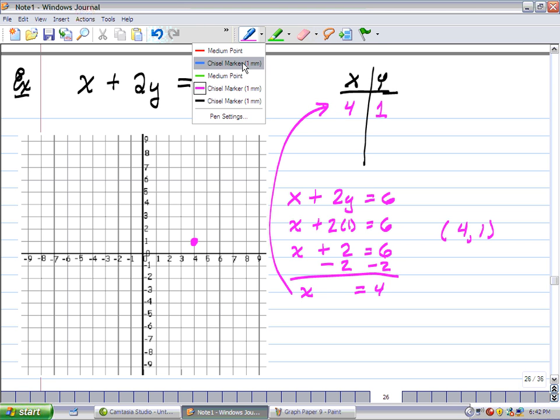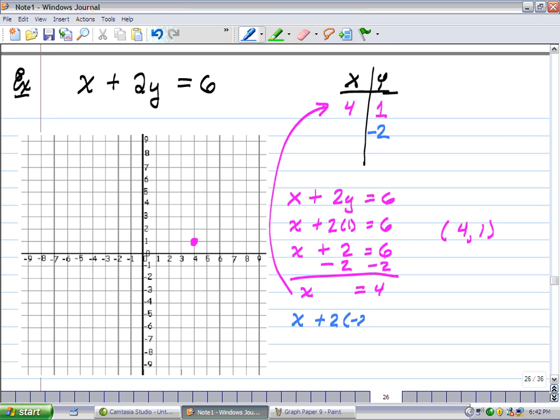Okay, let's pick another value. I'm going to pick maybe -2. So I'm going to plug -2 in for the y, substitute. -2 in for the y. So that's going to give me positive times negative is -4. And I'm going to add 4 to both sides.